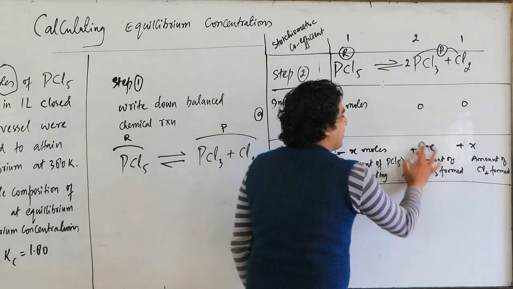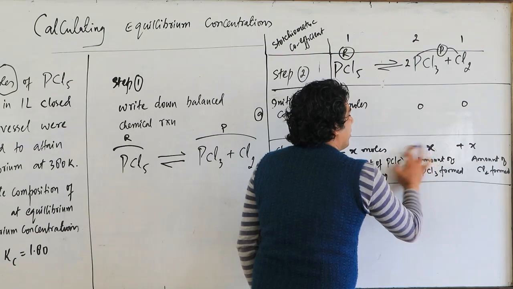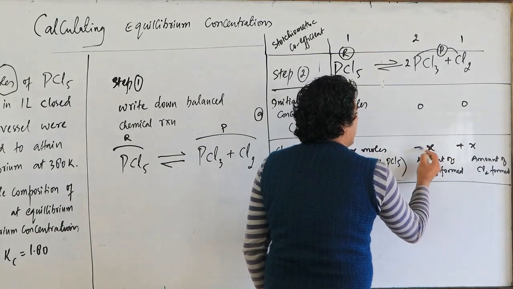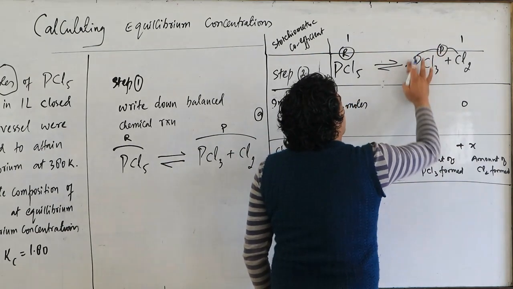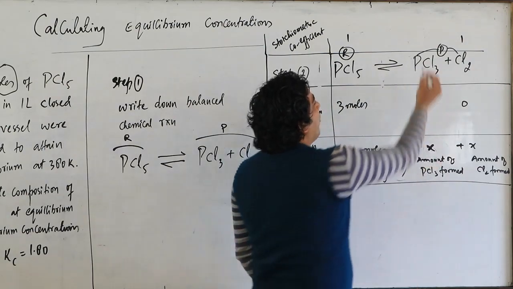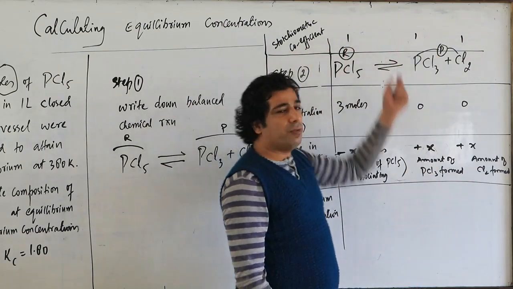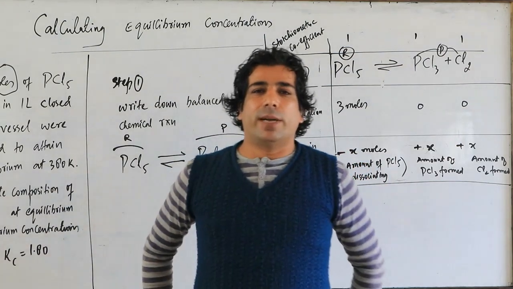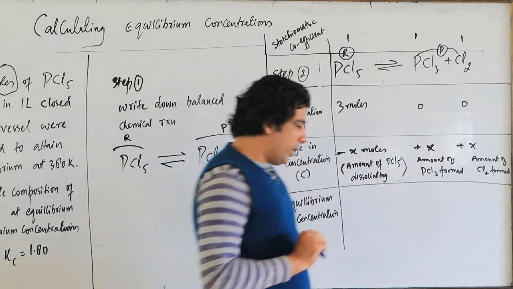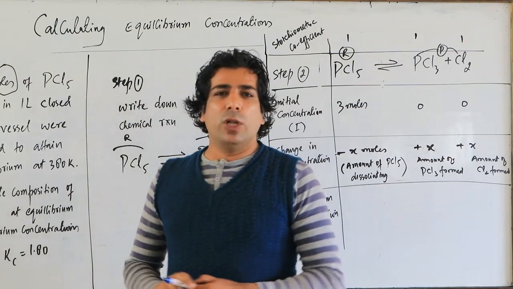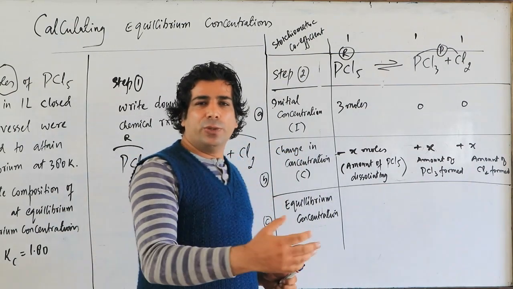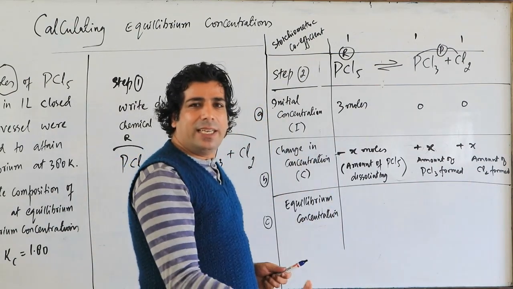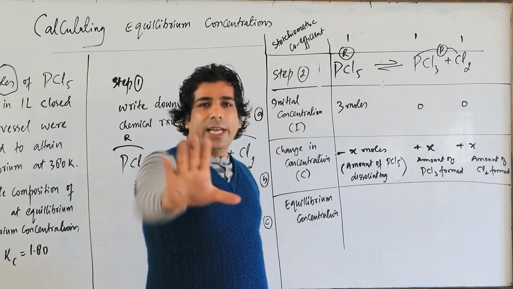Try to understand that. So depending upon this stoichiometric coefficient, we can decide how much amount is decreasing and how much amount is being produced, correct?